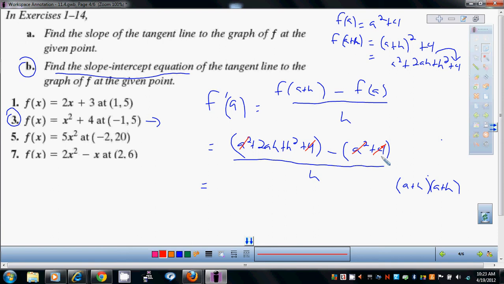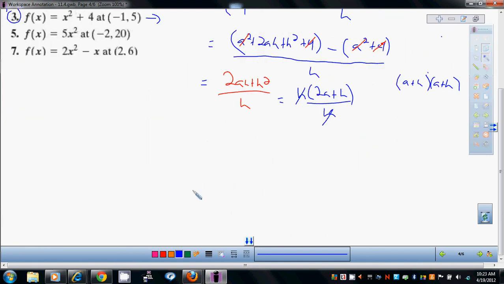So what's left? 2ah plus h squared. What factors out of the top? h. What reduces? So, this whole thing has melted down into this.